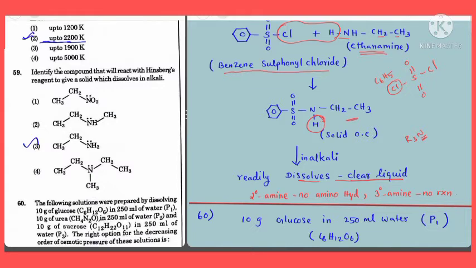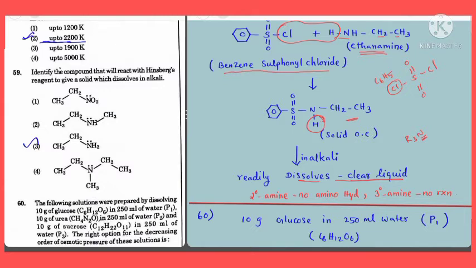Only a primary amine, due to the presence of amino hydrogen, after reaction with benzene sulfonyl chloride readily dissolves in alkali giving a clear liquid. So the answer is option 3, primary amine, ethanamine.